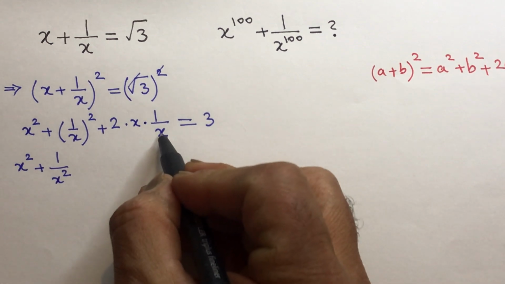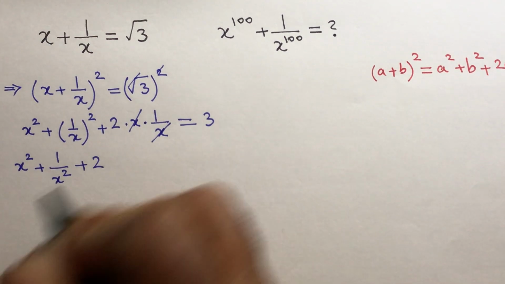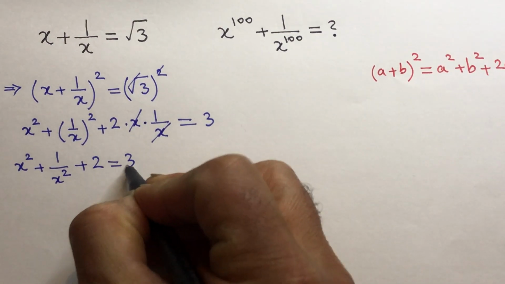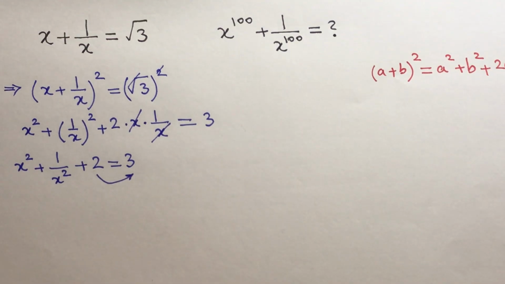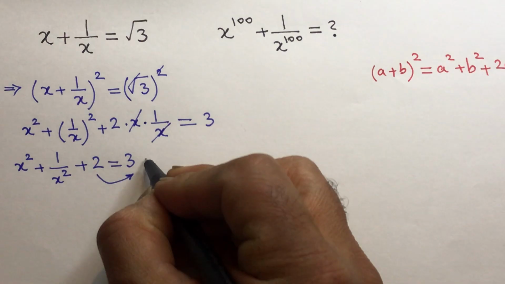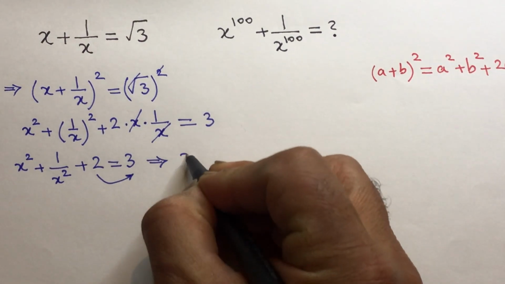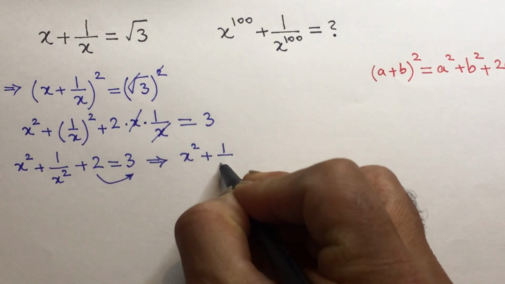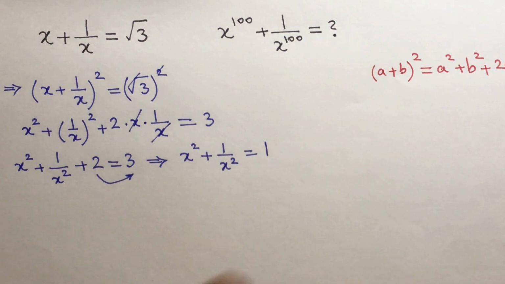Here you can simplify x with this x, so we just have 2, and here is 3. I can take this 2 to the other side with flipping the sign, so it should be minus 2, and we have x squared plus 1 over x squared is 3 minus 2, which is 1.